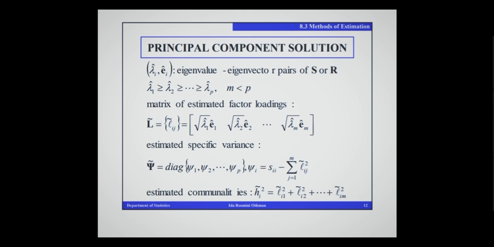Ataupun kita boleh cari daripada here the variance of the variables minus dengan summation of L square, which is the commonalities. Macam saya cakap tadi lah kan, the commonalities. So nak cari specific variance adalah formulanya adalah variance of variables minus dengan commonalities, okay, of the variables I.